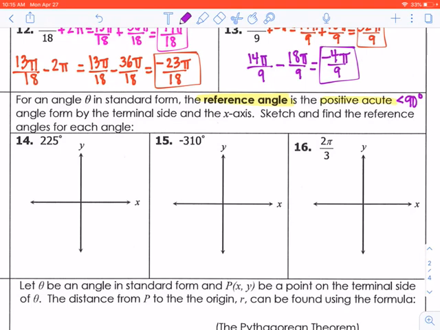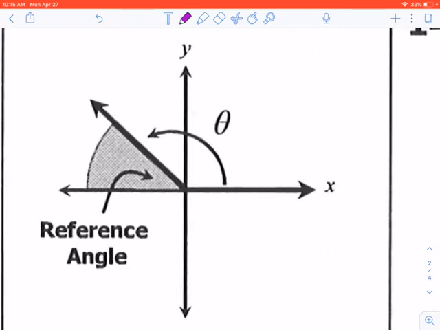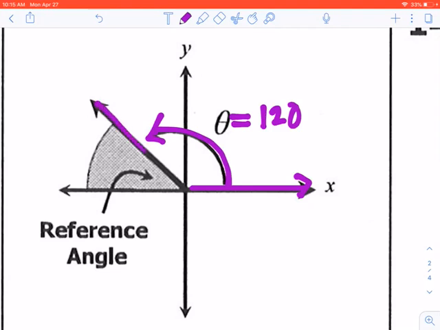So let's talk about what a reference angle is. Let's say my angle here is 120 degrees. So we start here from our initial side and we go 120 degrees, and this is our terminal side to make 120 degrees. Every angle is going to have an acute angle.